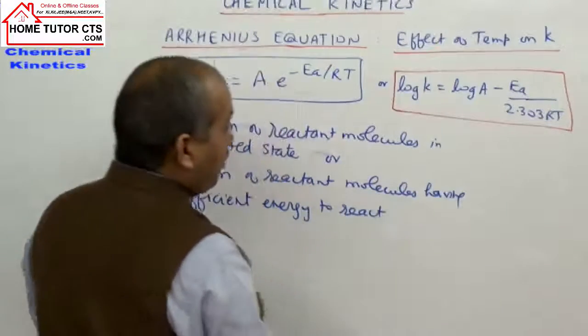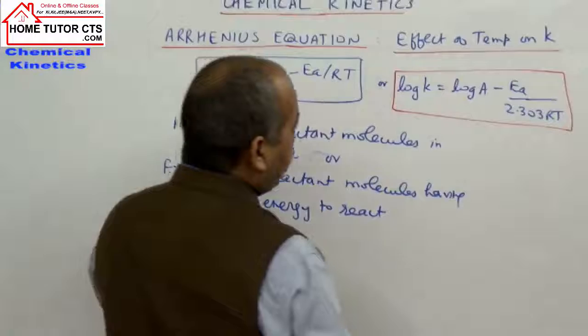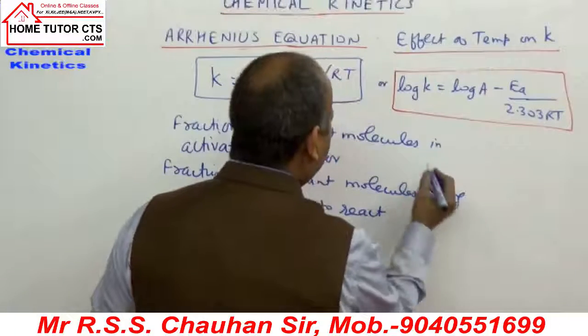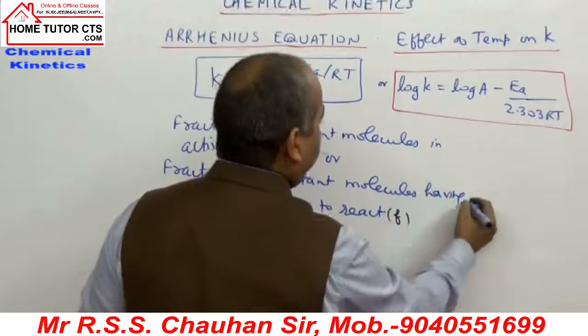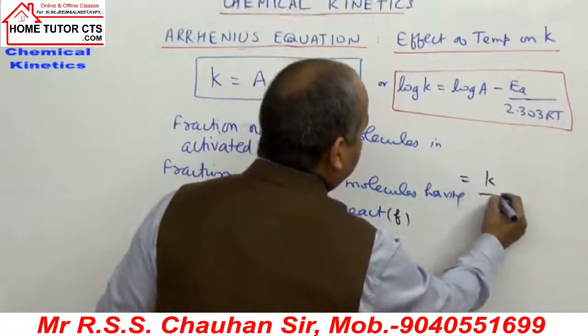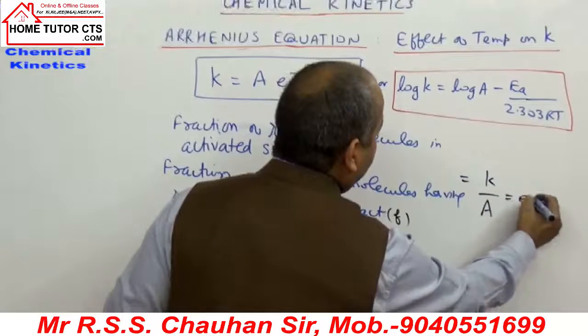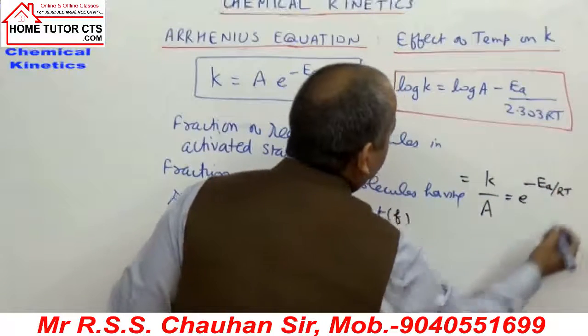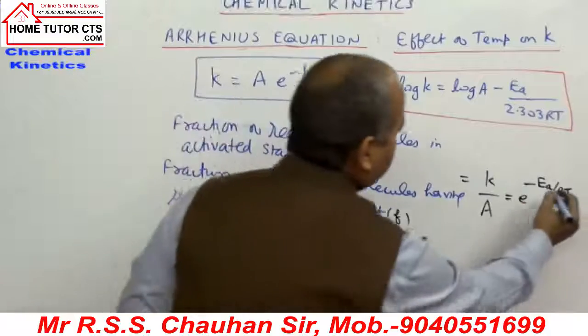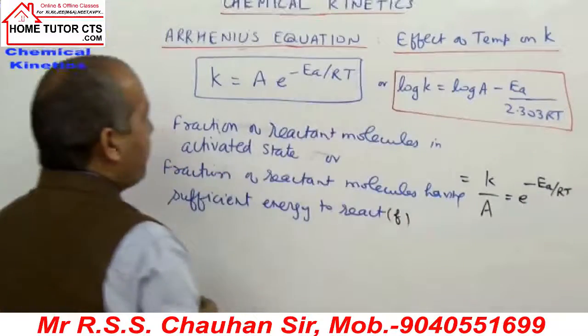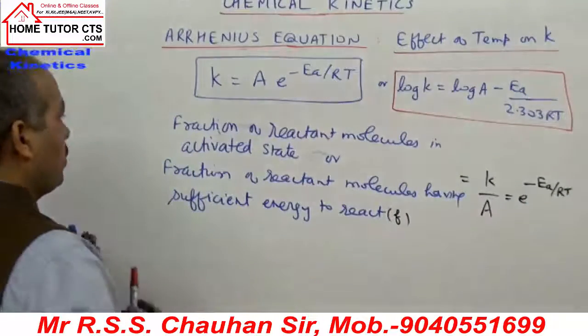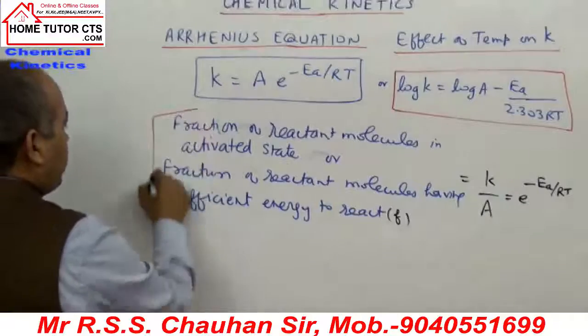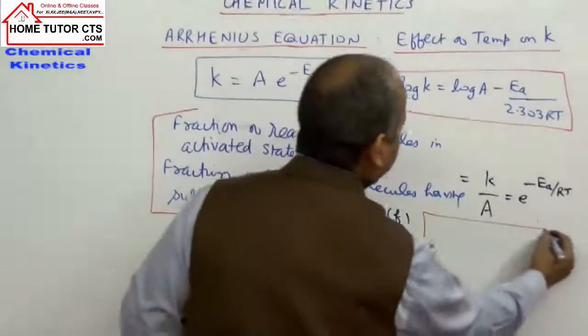How much will that fraction be? Let this fraction be f. It can be given as K by A, or e to the power minus EA upon RT.